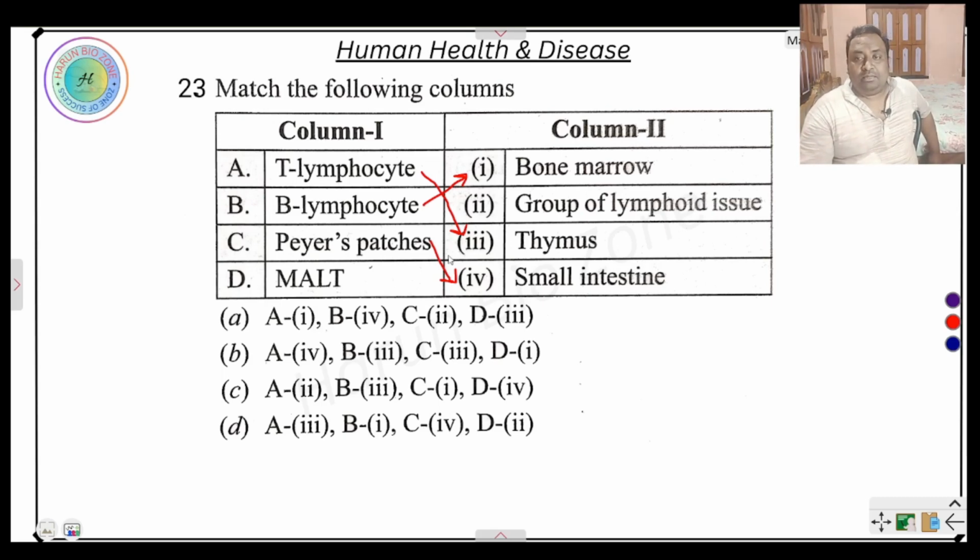MALT is a secondary lymphoid tissue. Here, MALT is a group of lymphoid tissue, that is mucosa associated lymphoid tissue. So here T lymphocyte is thymus, A3. This is the option D.